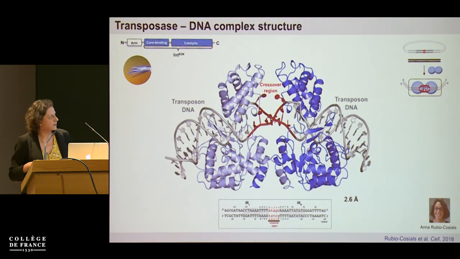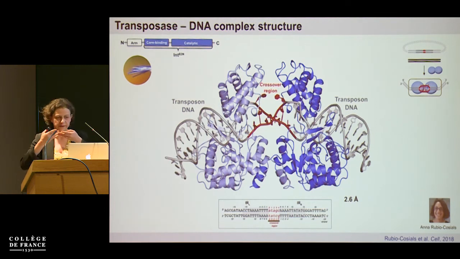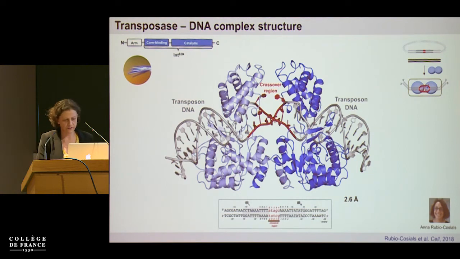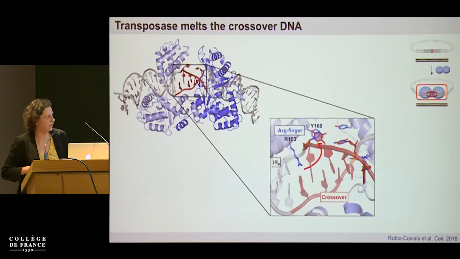The next thing that those of you who are used to looking at DNA structures can spot is that the central part of the DNA has an unusual structure. It is unwound and actually melted in the center. You can see this better in this zoom.